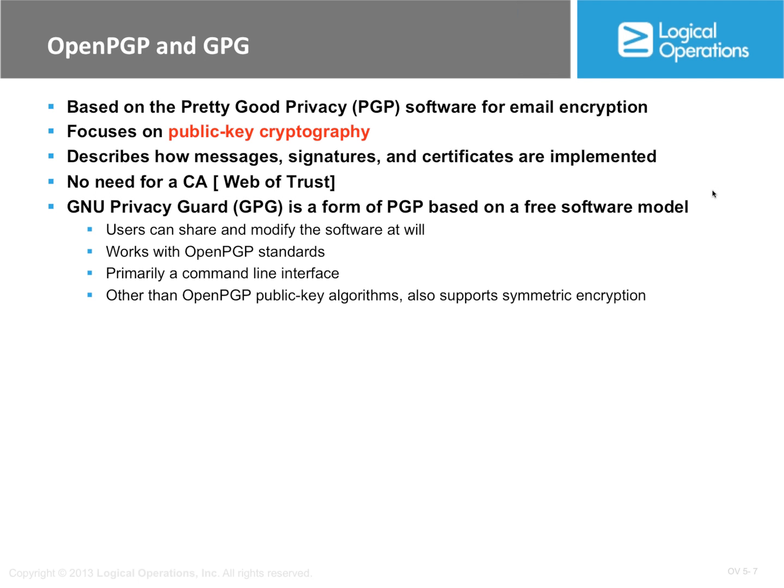So you don't need the hierarchy of a CA and an RA to issue certificates and revoke certificates, and investigate the validity of individuals making requests. It's all based within a web of trust. That's the takeaway for you for PGP, versus any other cryptographic system.